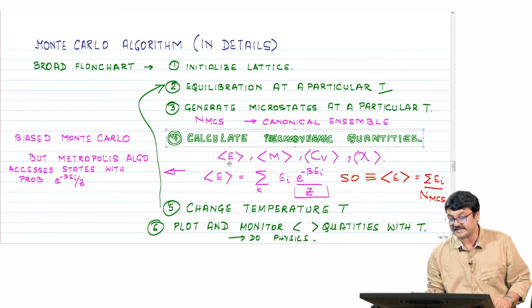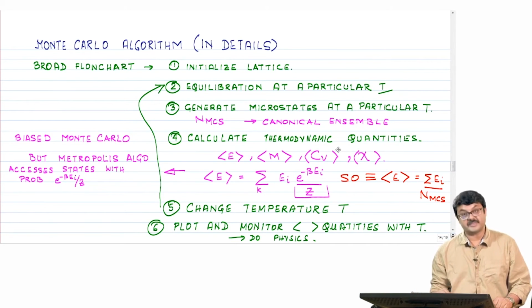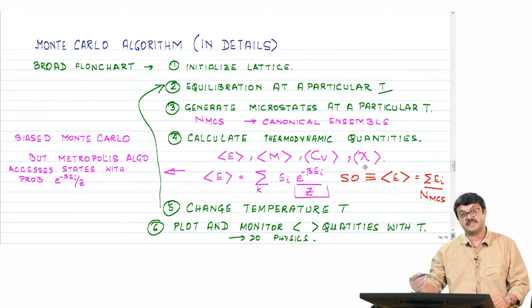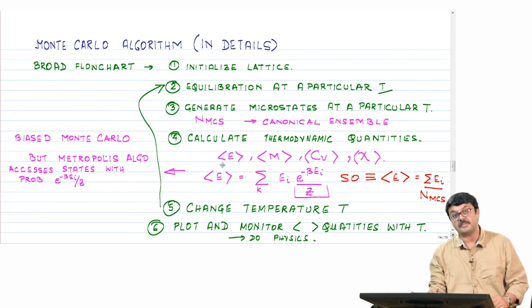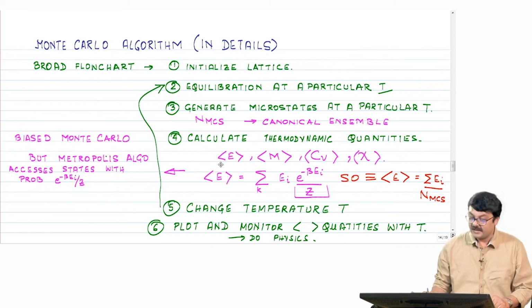Quantities like the average energy, the average magnetization, the average C_V, the specific heat capacity, or the susceptibility. These angular brackets imply an average over different microstates. You are basically taking an ensemble average, right.